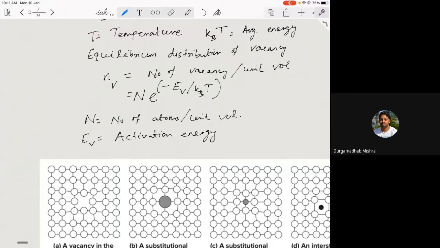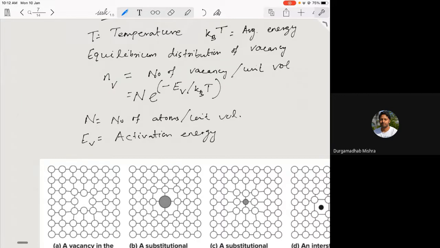So once this atom gets that much activation energy, it will be displaced from its position. And you can calculate the number of vacancies, the equilibrium distribution of these numbers at a particular temperature T, if you know the activation energy. And you can also see that this number of vacancies or defects will increase as you increase the temperature.